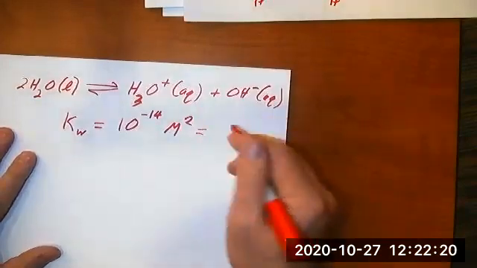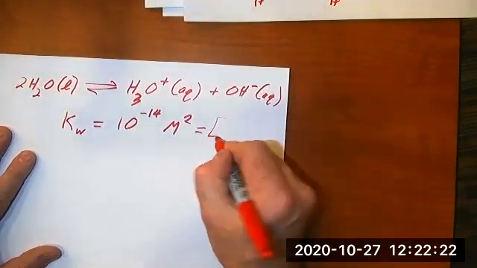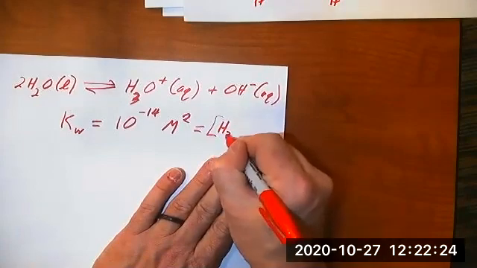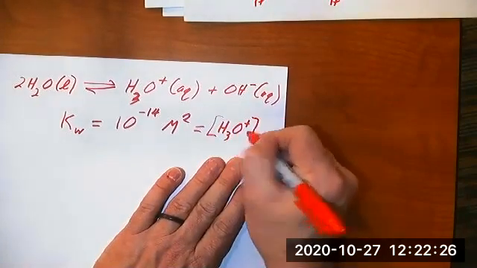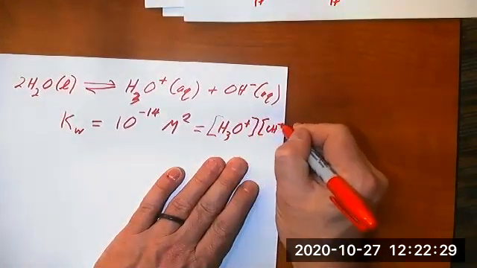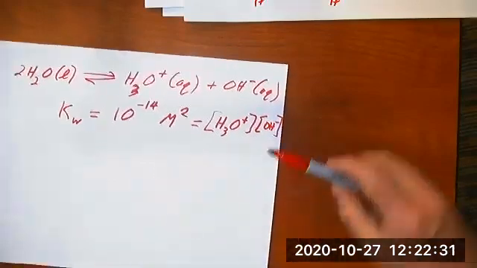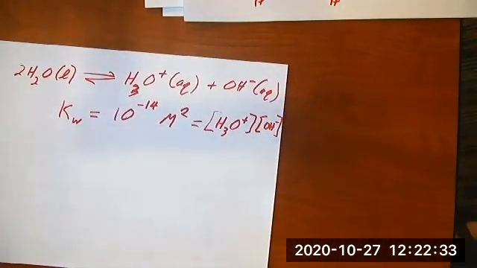So let's think about what this equilibrium constant means. If we write our equilibrium constant expression, it is simply the concentration of the hydronium ion times the concentration of the hydroxide ion.